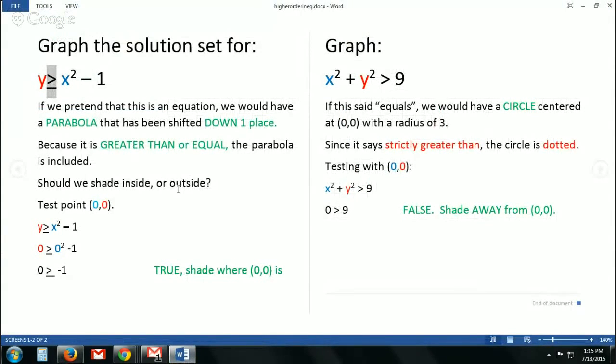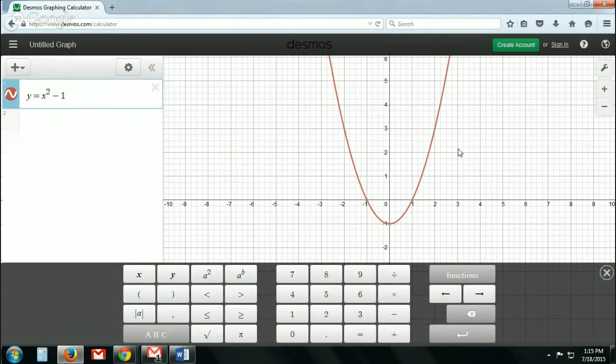So now again, the first thing we have to think about, should the parabola itself be included? Since I've got the equals there, that means we'll have a solid parabola when we draw our picture in just a second. Now, again, I want to try to use a test point to decide where to shade.